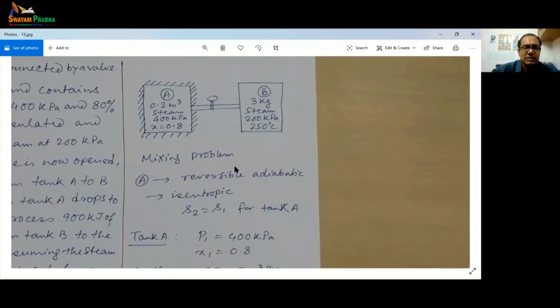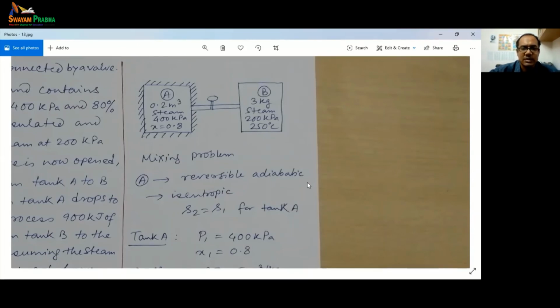Now coming back to the observation. First, tank A is undergoing a reversible adiabatic process. That means it's an isentropic process. You have learned in chapter 8 that reversible adiabatic processes are isentropic processes.